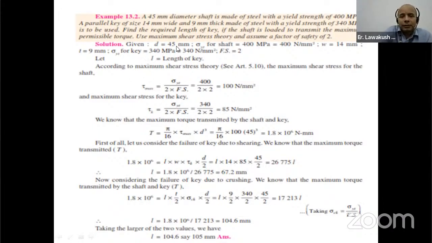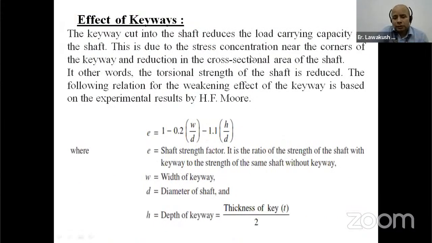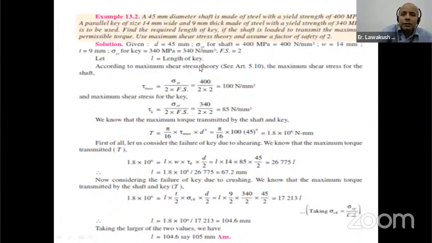It means that the diameter of the shaft, denoted by d, is given equal to 45 millimeter, and sigma yt for the shaft, that is the yield strength, is 400 megapascal.